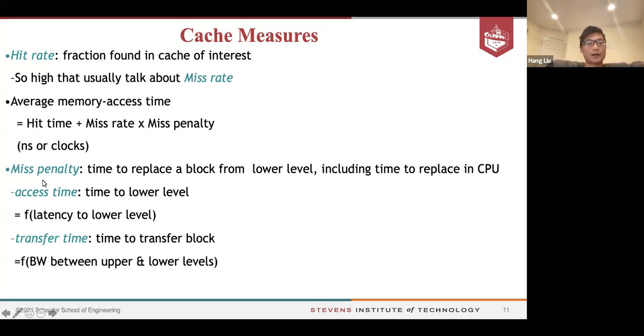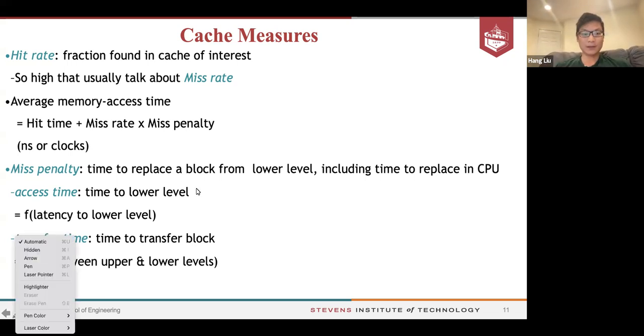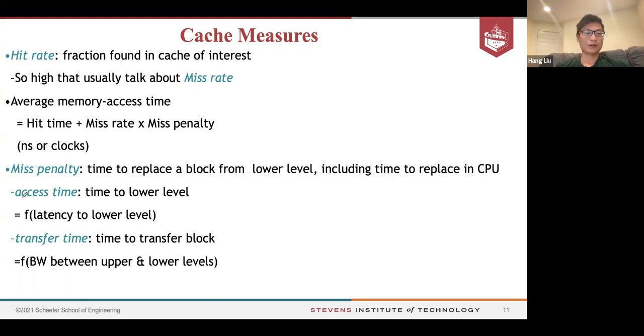So the miss penalty includes the time to replace a block in the CPU, the access time to the lower level, and the transfer time. That's the miss penalty. We're going to have a very detailed exercise on this.